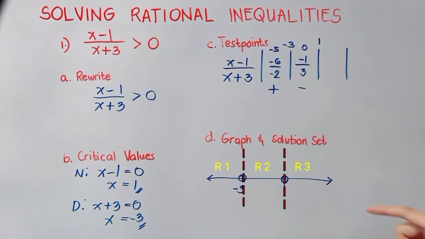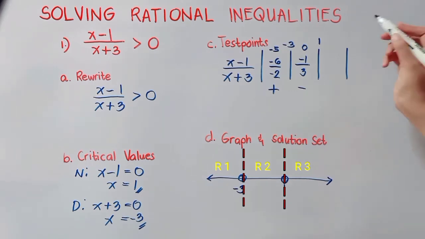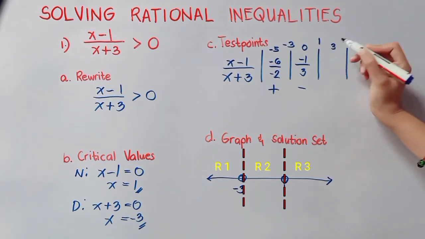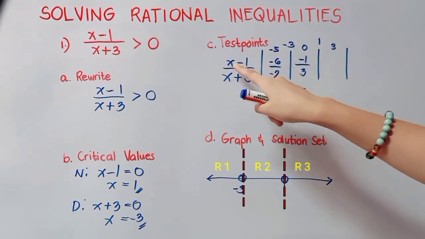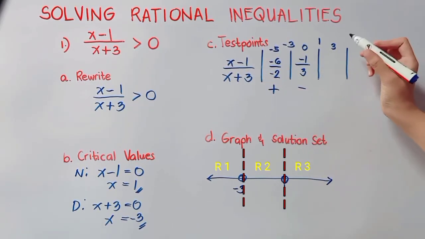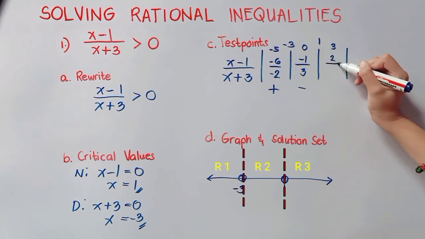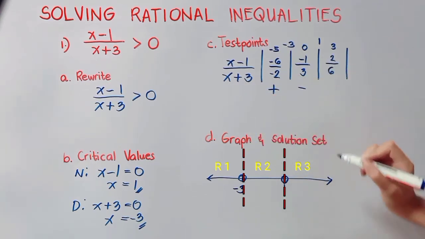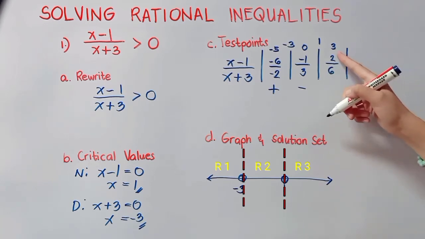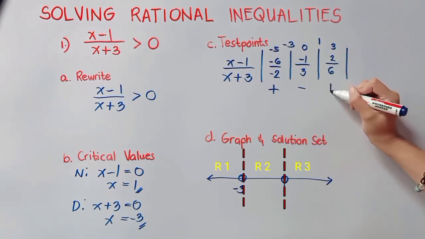And last region, think of a number on this side, 2, 3, and so on. But for this example, I will be using 3. 3 minus 1 is 2, all over 3 plus 3 is 6. Positive divided by positive will result to a positive answer.